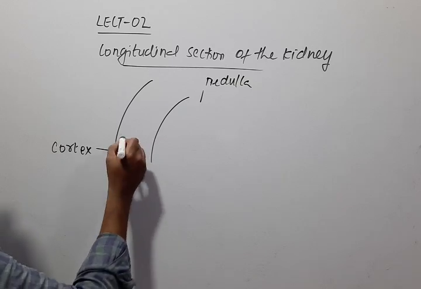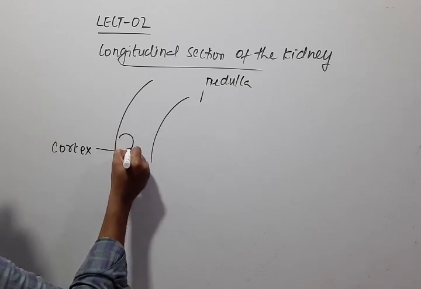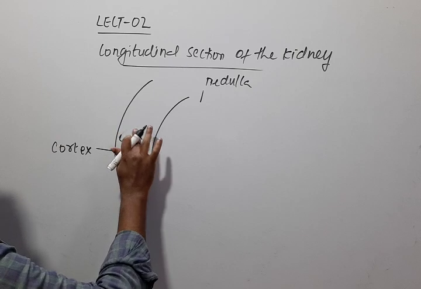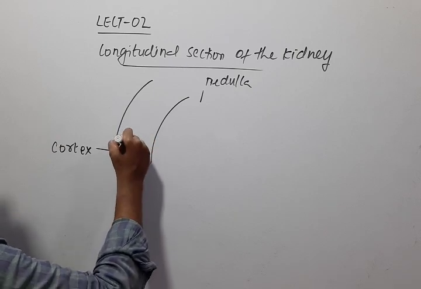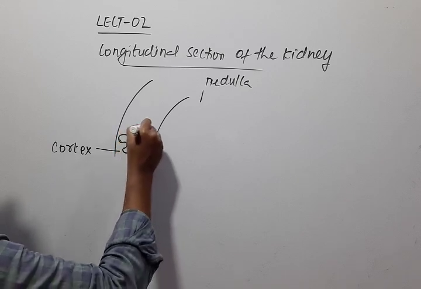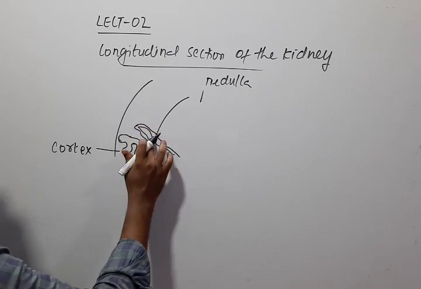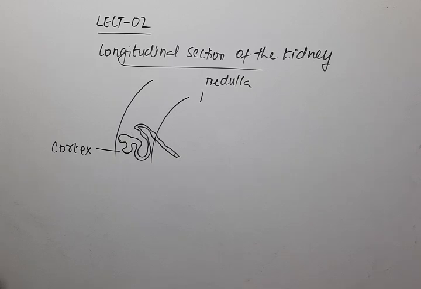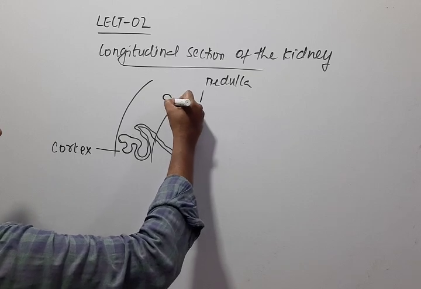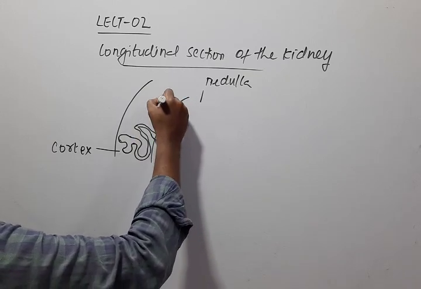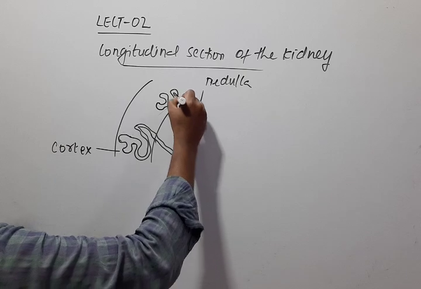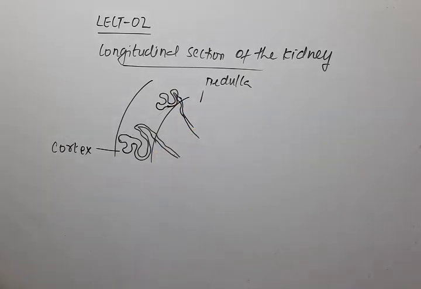Now you will find here in the cortex region, okay, the Bowman's cup, so you will see like this, okay, and then the remaining portion enters into the medullary region, and you will find, so actually you will find two types of nephrons here, okay, right?